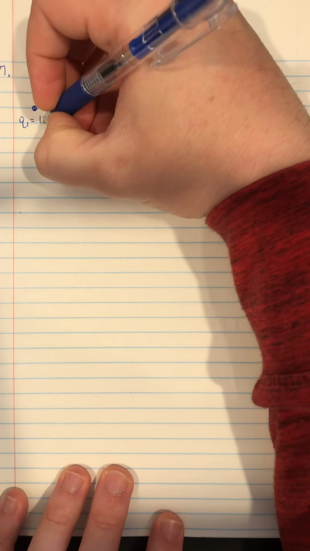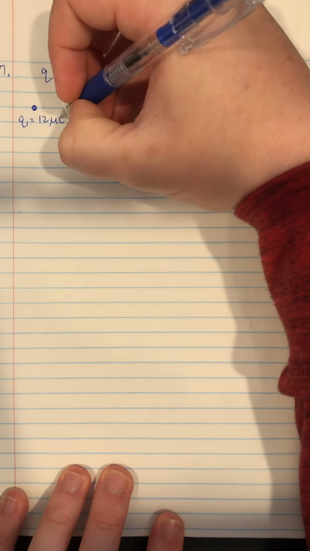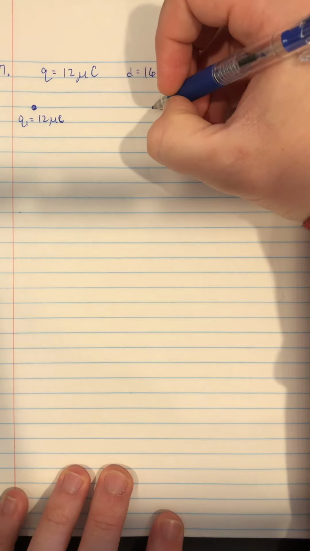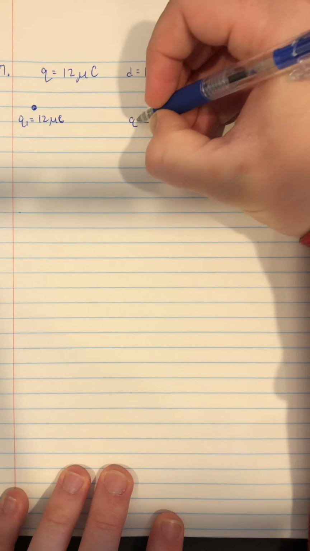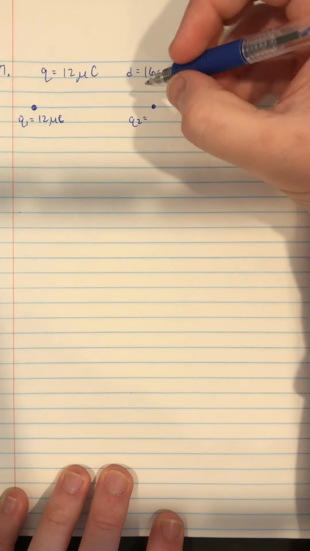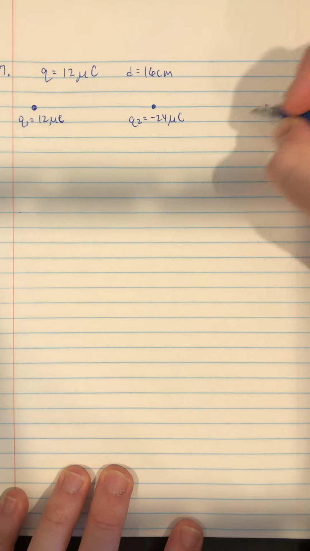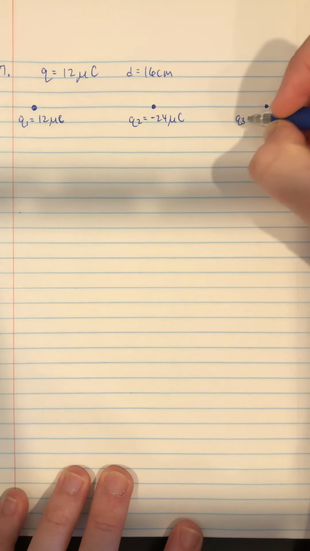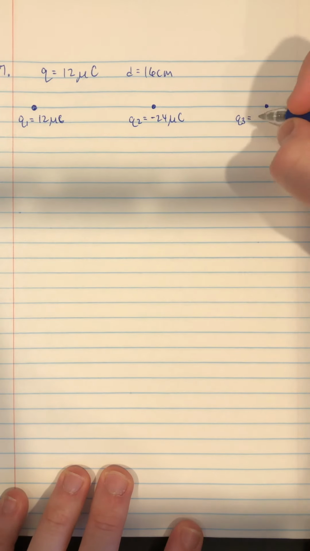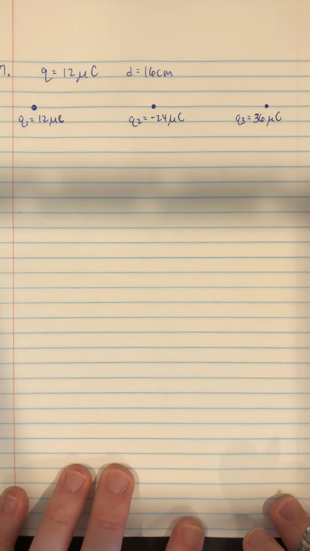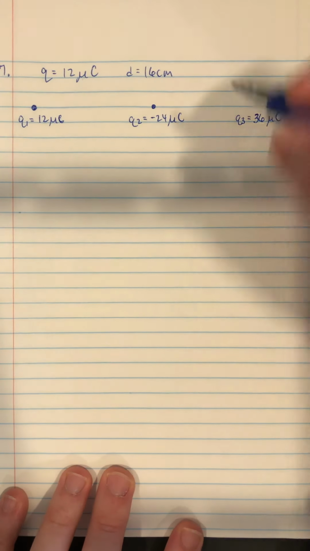So Q1 is going to be 12 microcoulombs. Q2 is going to be negative 24 microcoulombs. And Q3 is going to be positive 36 microcoulombs. All right, so there's those.